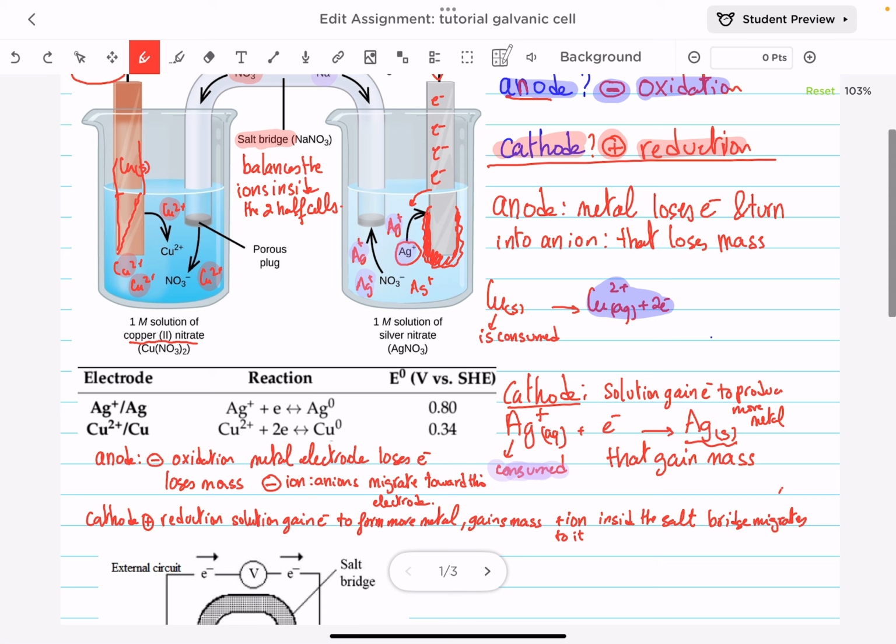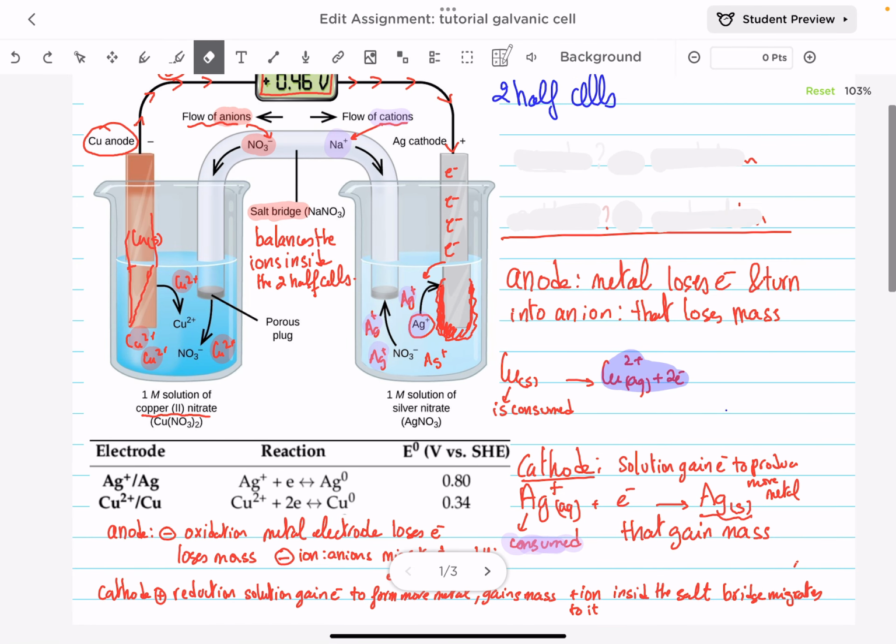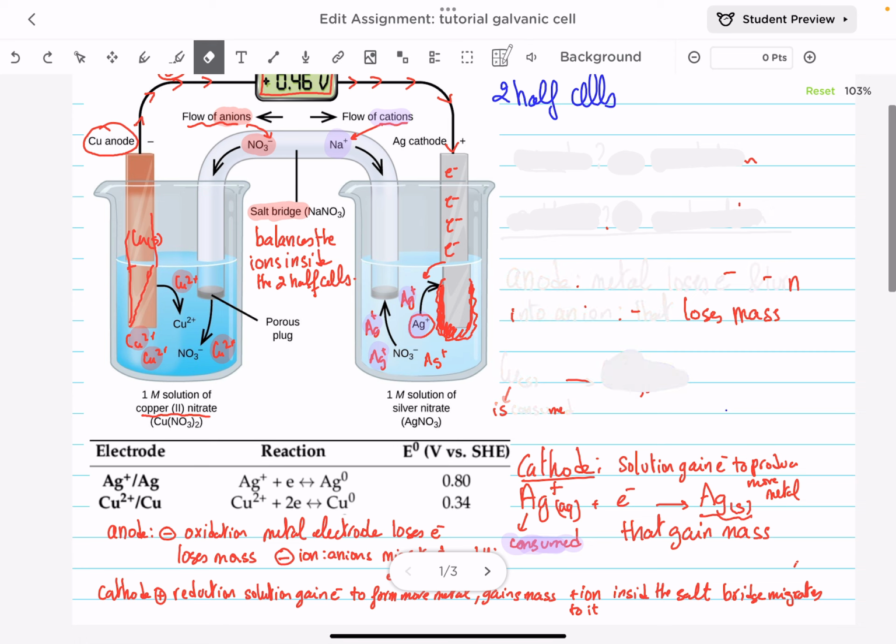Now, another important part in the galvanic cell, I'm going to erase this to have more space. Another important part in the galvanic cell is the cell reduction potential. Sometimes from the reduction potential, I can know what oxidation is going to happen, or which is the anode and which is the cathode.